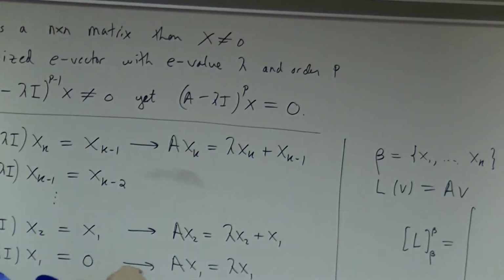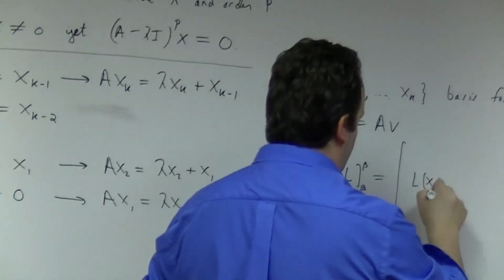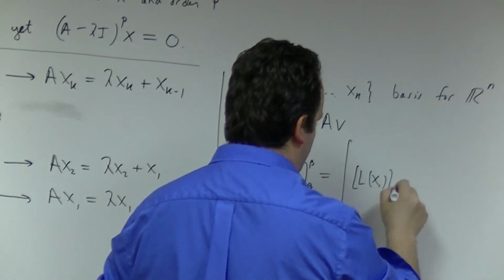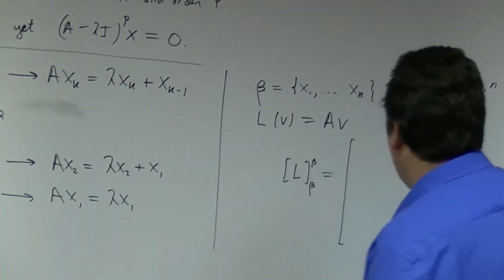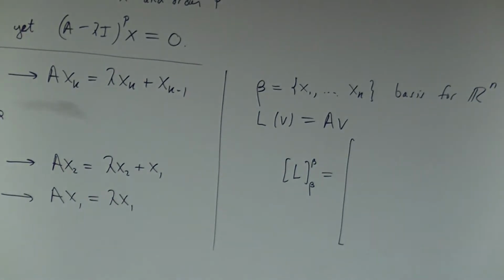So I would start with L of x1 in beta coordinates. Well, I don't have enough room to write the intermediate step. We're going to have to think about that in our brain.